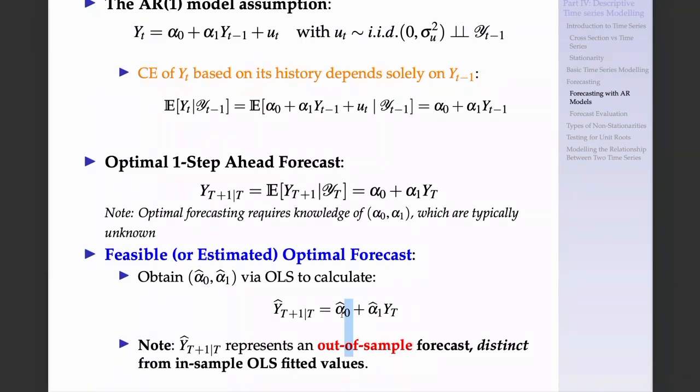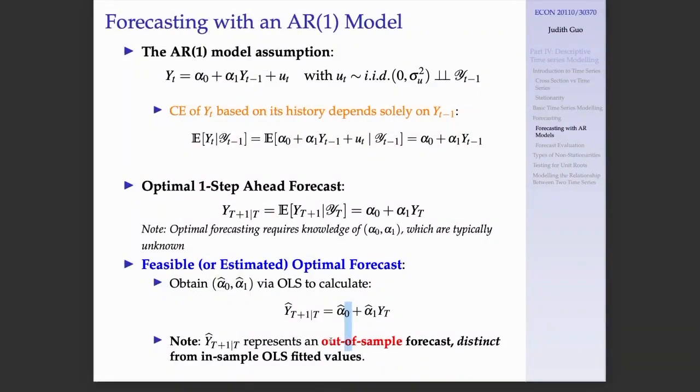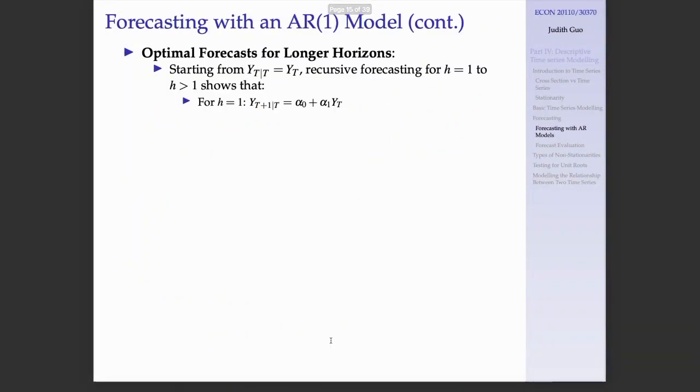And for the same reason, there's no such thing as residual in forecasting. We only have forecast errors because residual corresponds to the in-sample difference, whereas forecast error corresponds to the out-of-sample difference, okay? So be careful with the terminology here.